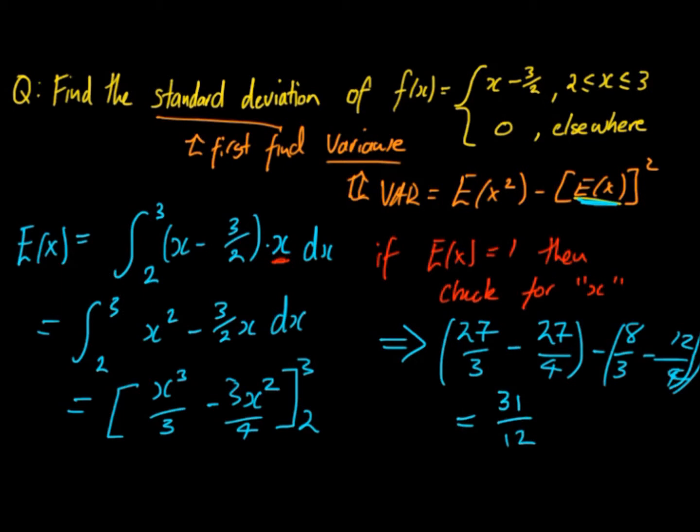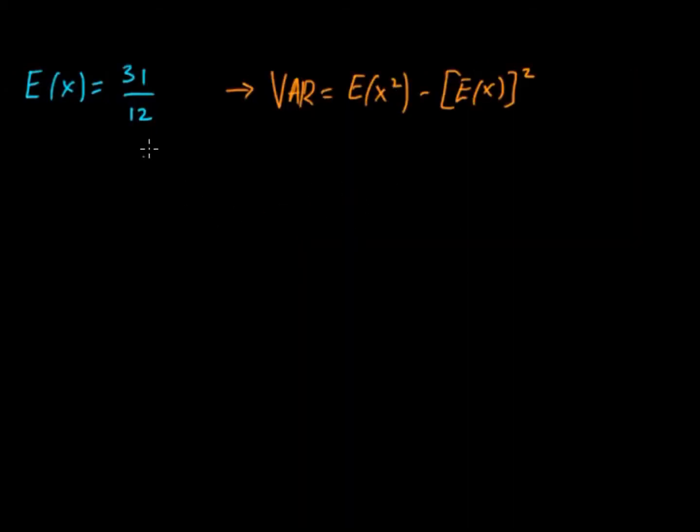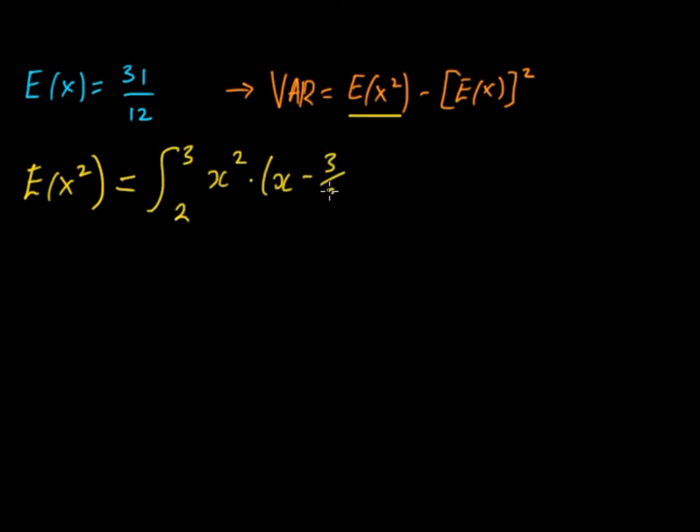So then we know that E(X) is equal to 31 on 12, and the variance is equal to this. Now we need to calculate this part of the equation. So we'll say that E(X squared) is equal to the integral from 3/2 to 2 of x squared times (x - 3/2) dx.